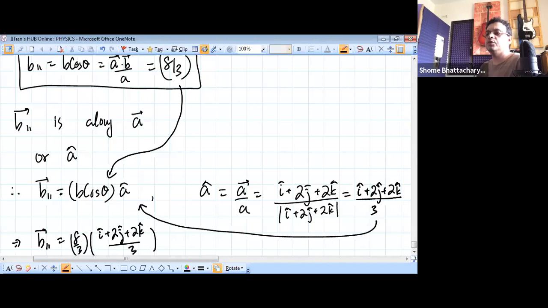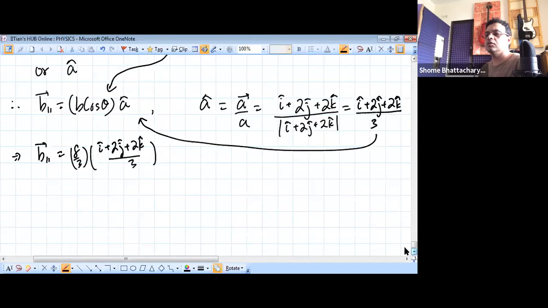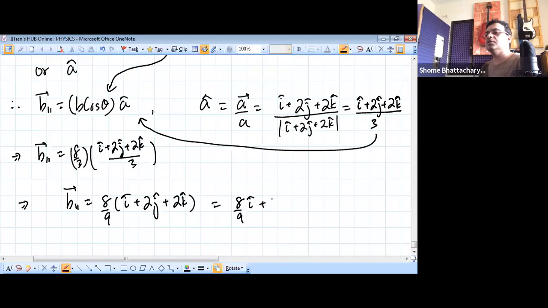So next step, we can just simplify this more. The projection of B along A becomes 8 by 9 times i cap plus 2j cap plus 2k cap. Or you can also write this as 8 by 9 i cap plus 16 by 9 j cap plus 16 by 9 k cap.